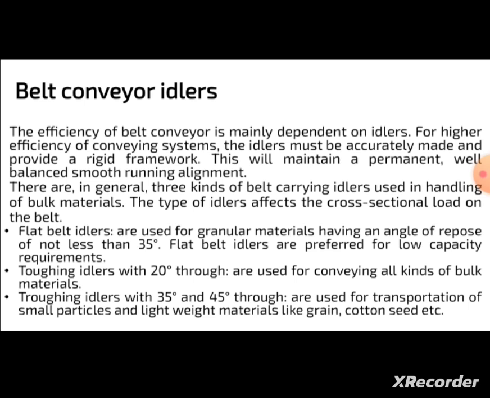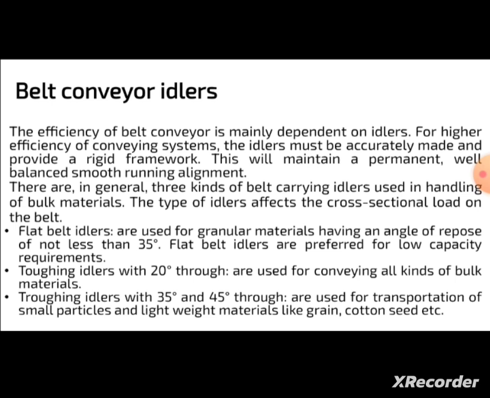Belt conveying idlers are rolls used to support the belt conveyors. There are three types of idlers used: flat idlers, troughing idlers with 20 degrees, and troughing idlers with 35 and 45 degrees.